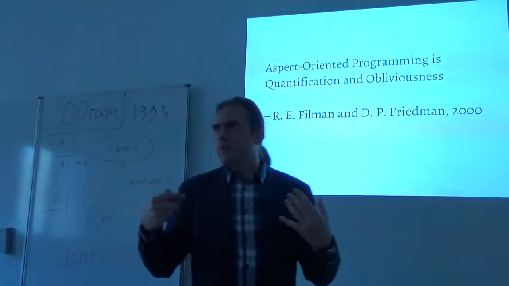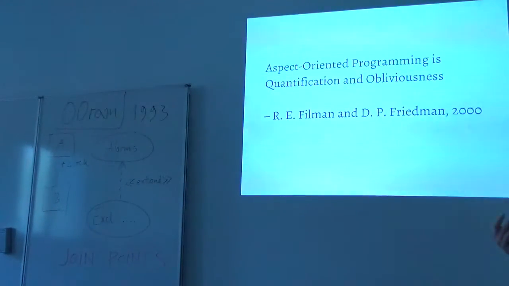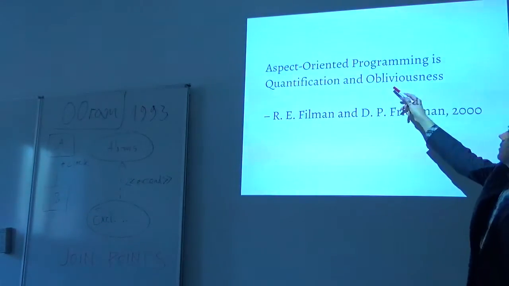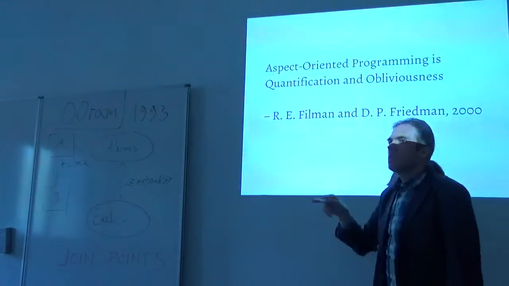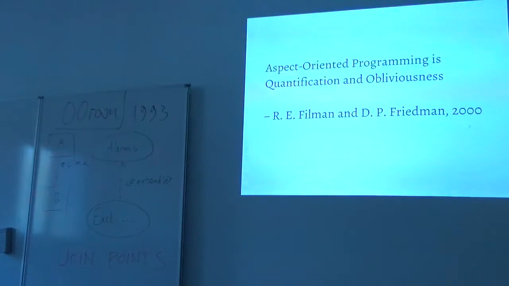Obliviousness means not knowing, not being aware of something. I'm oblivious to something, I'm not even interested in it. So our base code is oblivious of aspects, not aware of them. And quantification means that we are addressing usually many join points. That's why our point cuts always define sets.